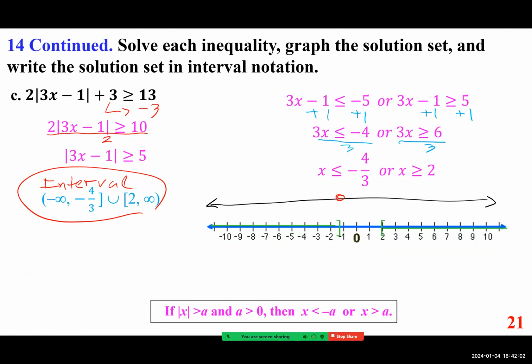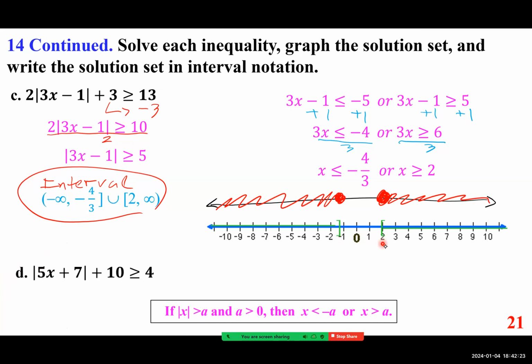Solid point to the left, solid point, not a hole, okay? Solid point to the right. Or we can use brackets. Don't mix them up. Whatever they ask you, you follow them.